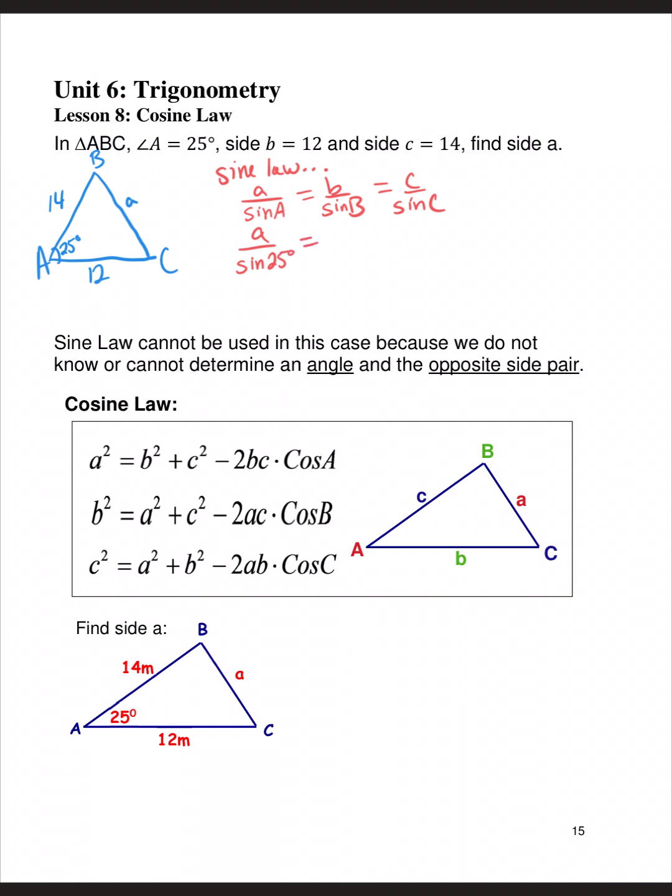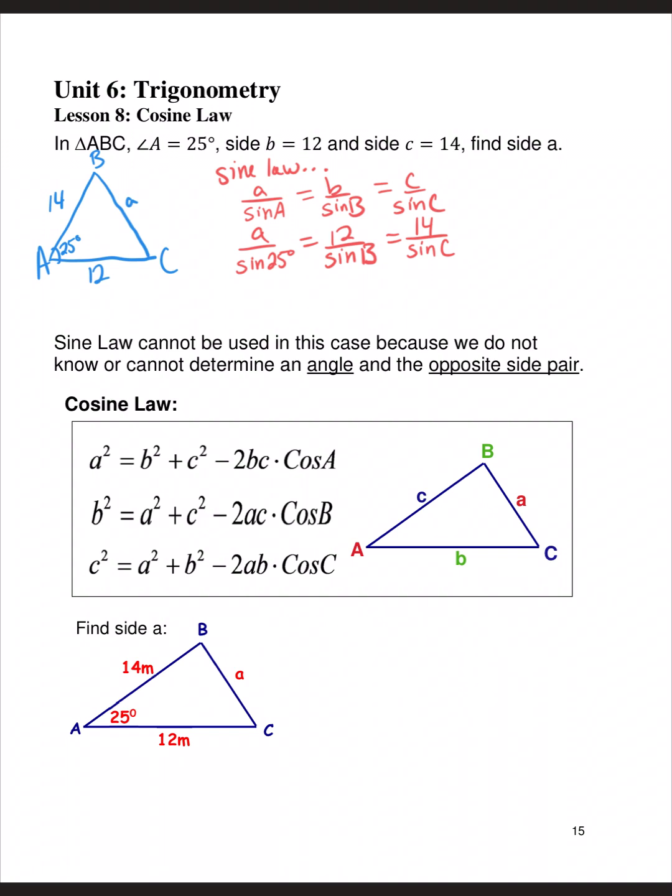If I wanted to use the side angle pair for B, then I would have 12 over the sine of, I don't have angle B, so I would have that missing from this ratio. And then if I wanted to try to use the side angle pair for C, well, I have 14 for my side length, but again, I'm missing the angle.